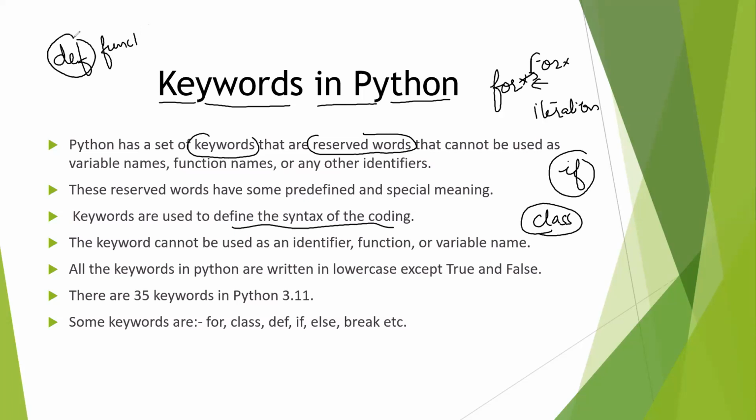The compiler and interpreter will know that def is a keyword, meaning that the definition of a function is starting. So it will treat the next value, the identifier, as the function, followed by the function definition. So it is used to define the syntax of the coding in Python. Is this point clear to everyone?